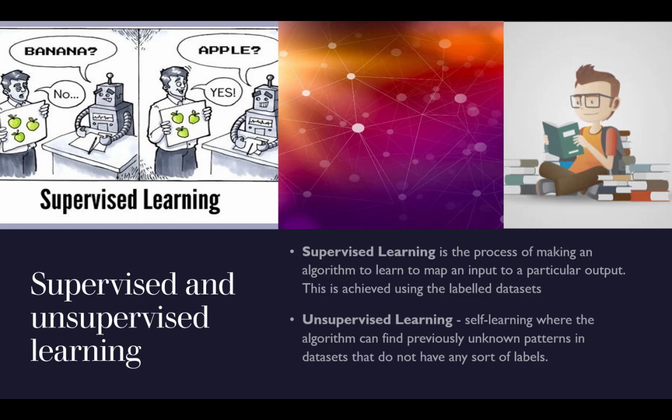If it acts and responds accordingly, if you are happy with the results, you're using the model. If not, then you are just retraining it basically. So that's supervised learning. Unsupervised learning is when you have the data without any labels and you are unsure about the outputs.